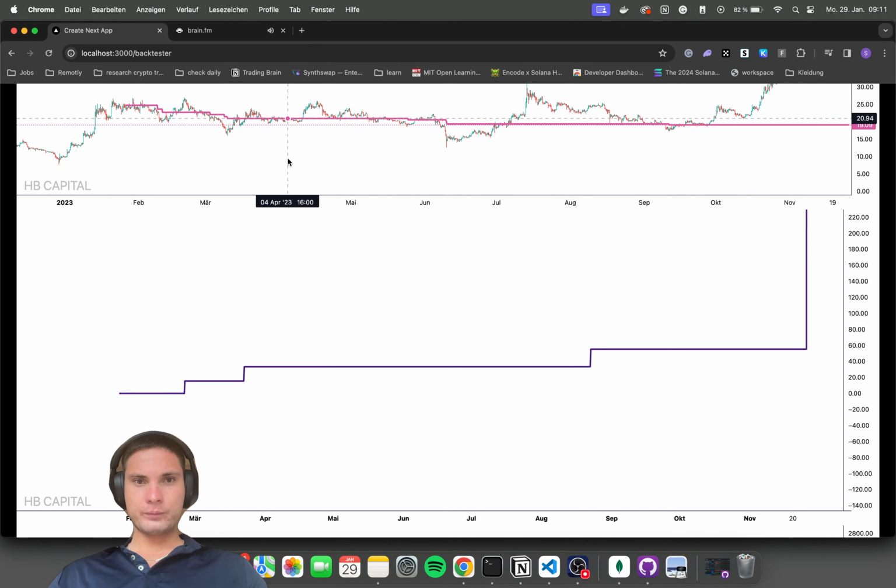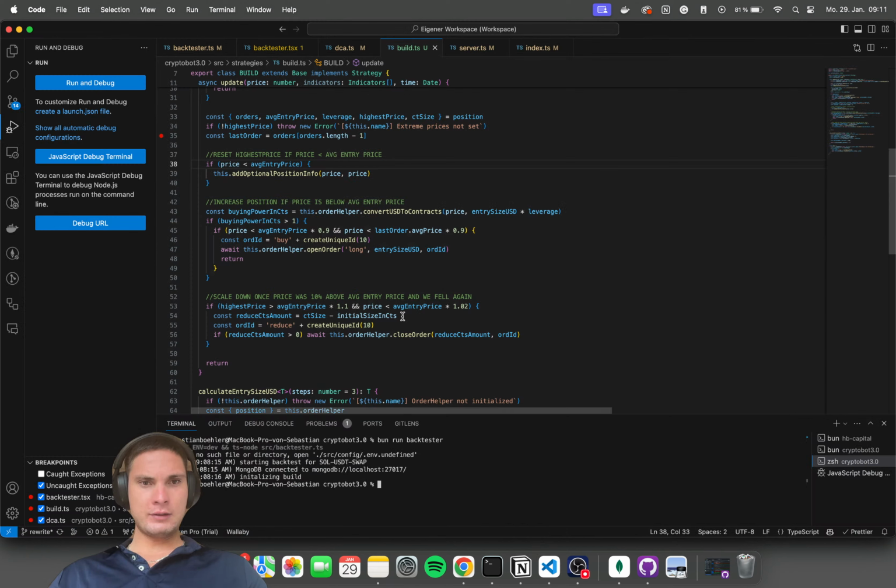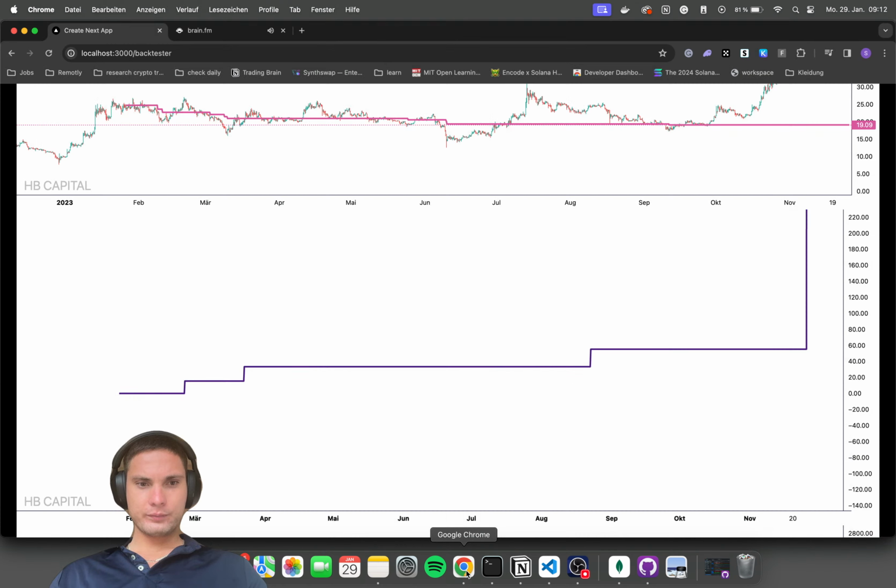And then high, up. We should have seen some scaling down here. So what's the scale down logic? Highest price has to be over. Okay, but this definitely was more than 10%.